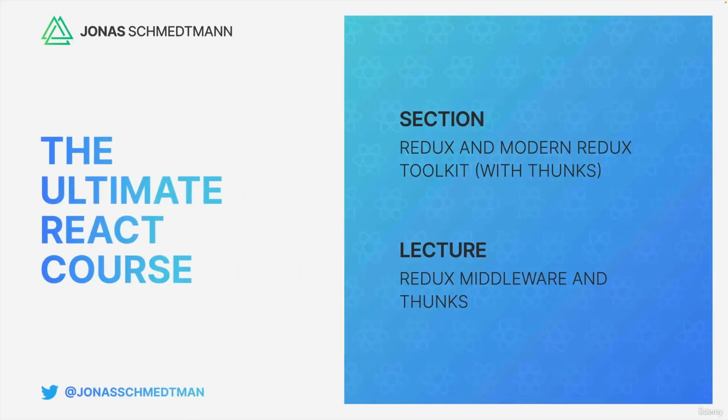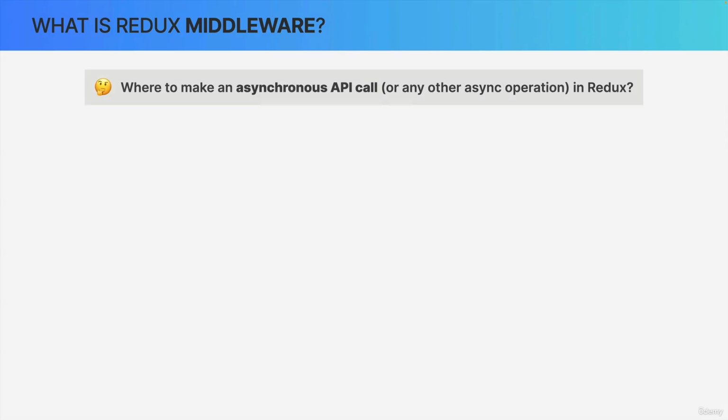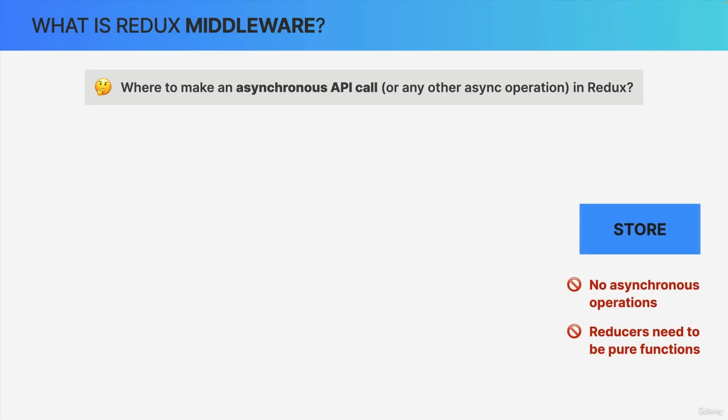Let's now take a look at how we can extend the functionality of Redux by using something called middleware. So let's say that we wanted to make an asynchronous call to some API. So where could we actually do that in Redux? Well, we can definitely not make the API call inside a reducer, because reducers need to be pure functions with no side effects.